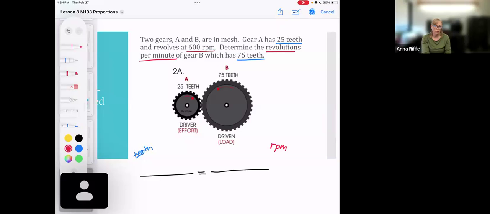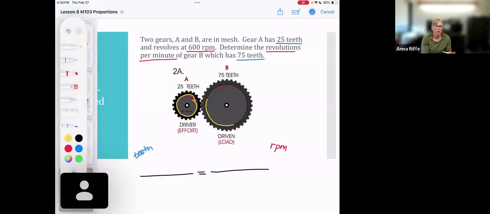So if we go from fewer teeth to more teeth, this gear will rotate once, and it will cause less rotation in this gear. There are more rotations of the smaller wheel and fewer rotations of the larger wheel.